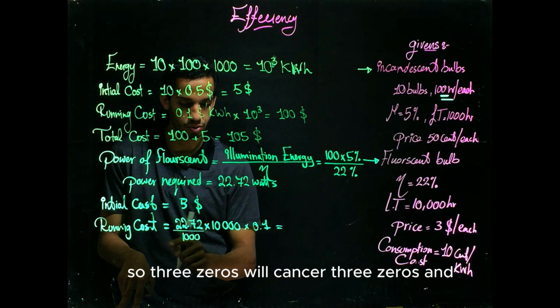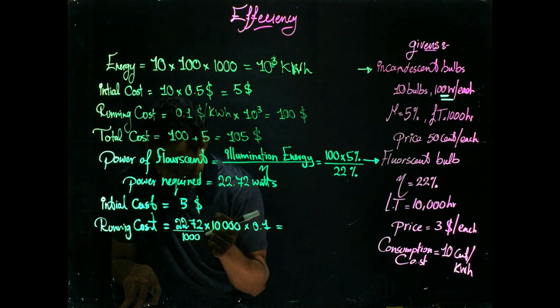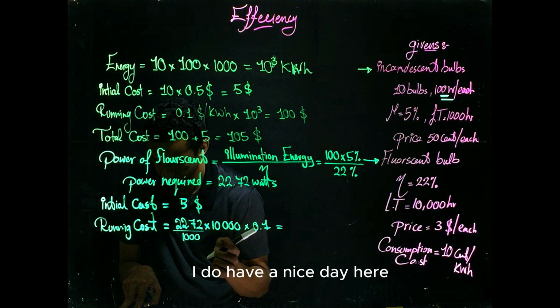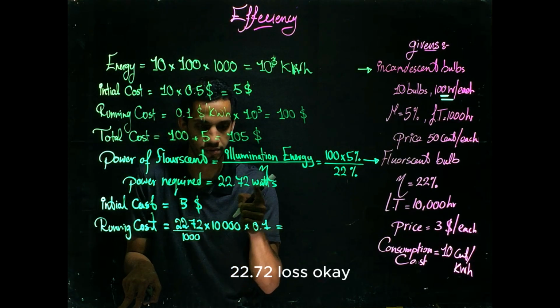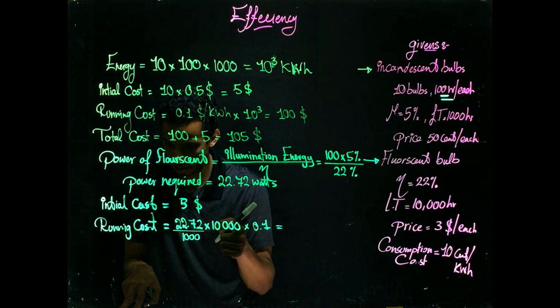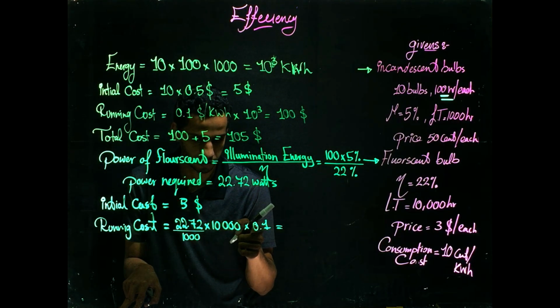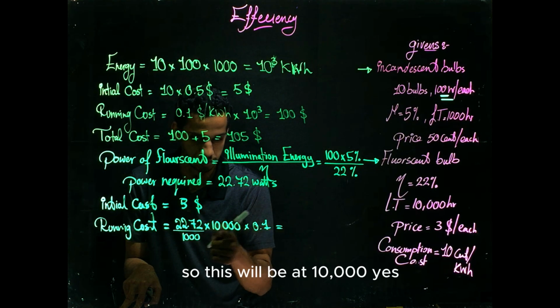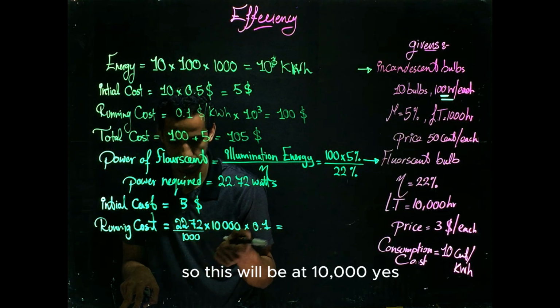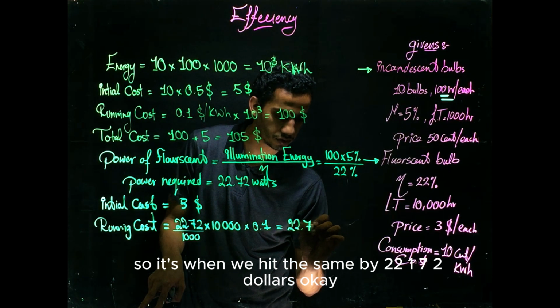So 3 zeros will cancel 3 zeros, and I do have a mistake here. 22.72 watts, okay, and times 10,000, times 0.1, okay. So this will be at 10,000. Yes. So it's going to be the same, like $22.72. Okay, I'm right.